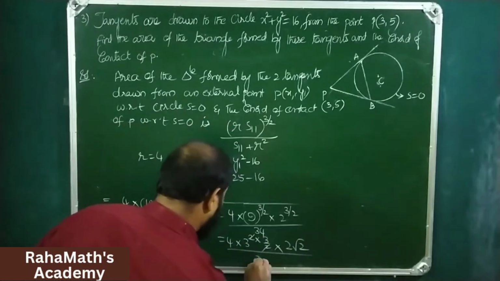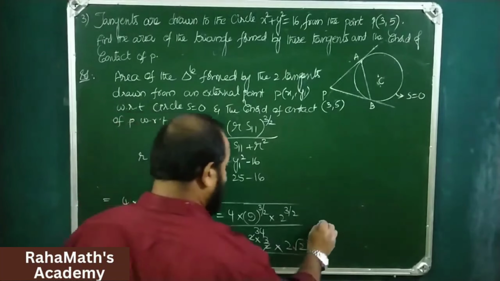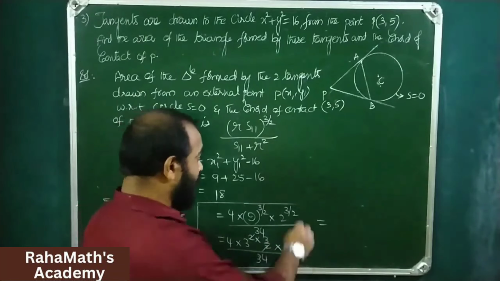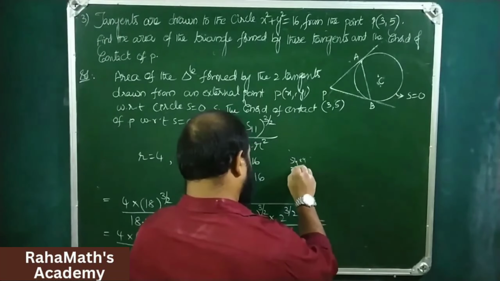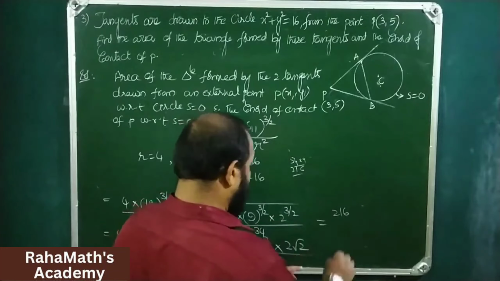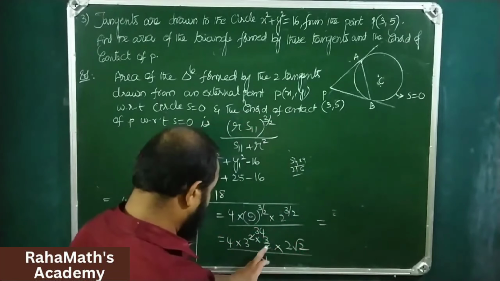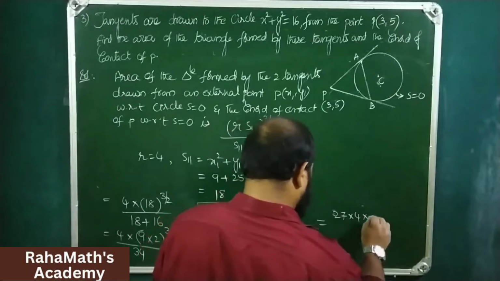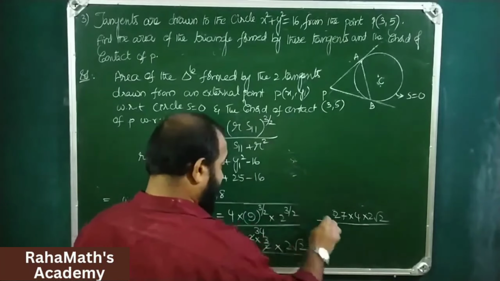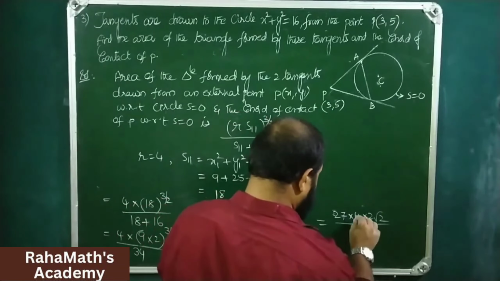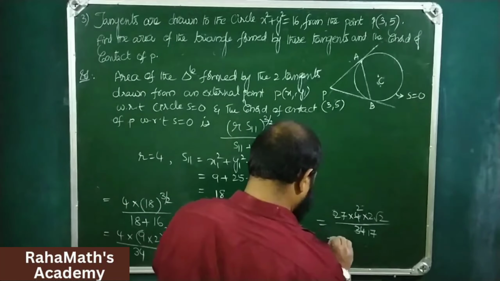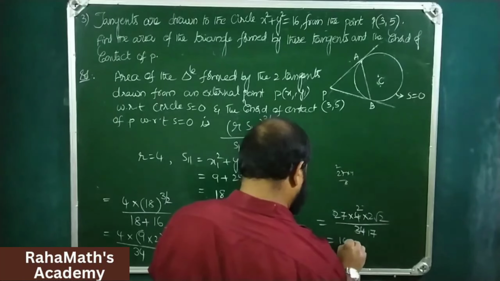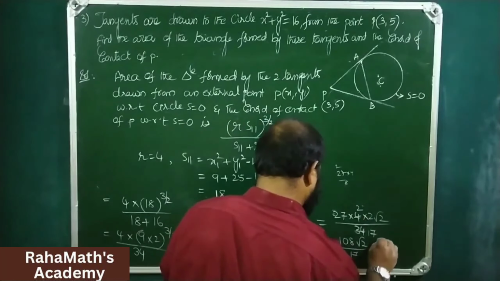So 4 into 27 into 2 root 2 by 34, and 2 into 17 is 34, so 2 2s are 4, 27s are 108 root 2 by 17.